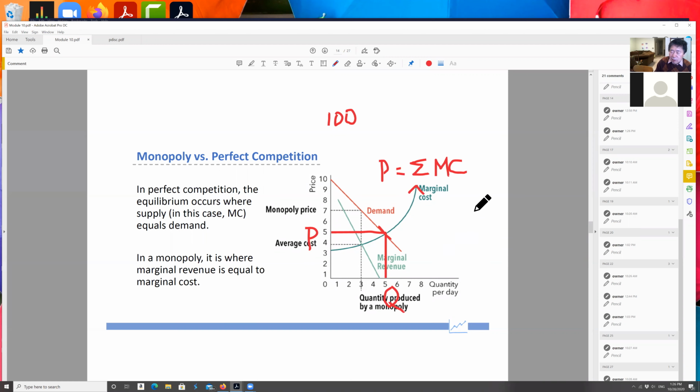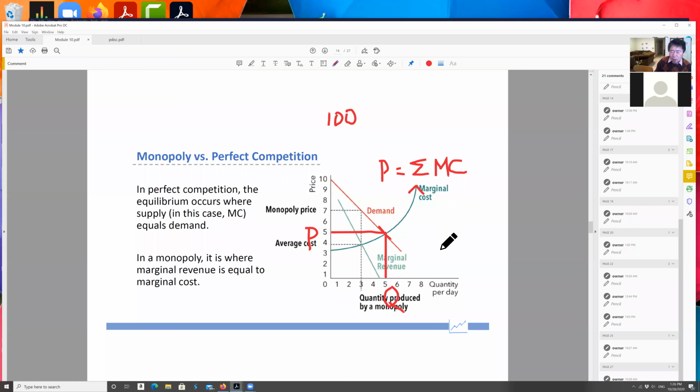Now, suppose one of these firms kept buying all the remaining firms and consolidated all these factories under the control of a single manager or boss. Well, he's now acting as a monopolist.